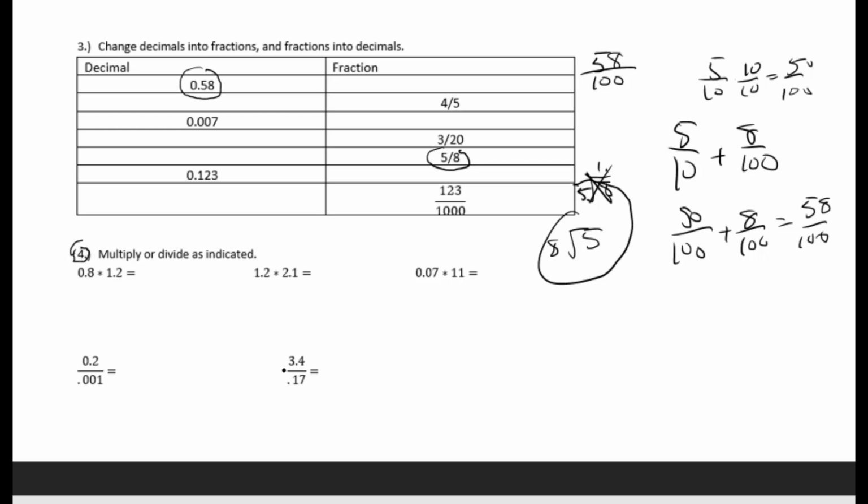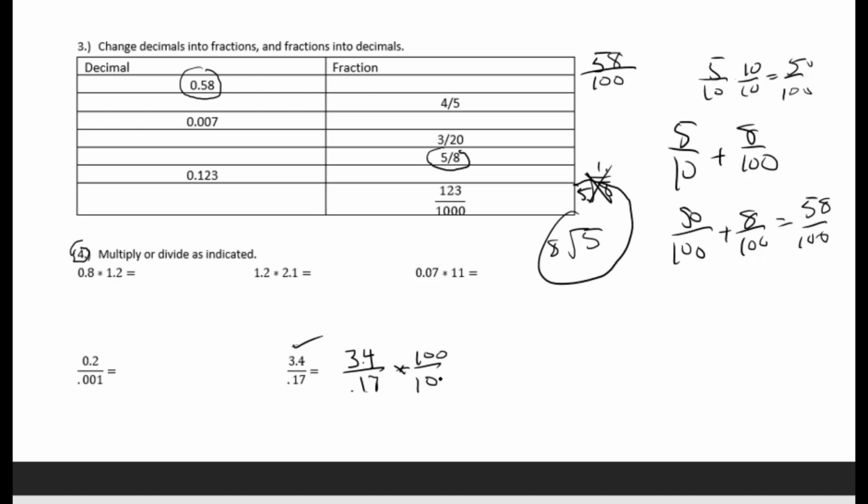And I'll just do one of these. So this one here, I'm going to get rid of the decimals. So I am not changing the problem. I am just simply going to change this to an equivalent form. Get rid of the decimals, I need to move it 2 places. So that's 100.